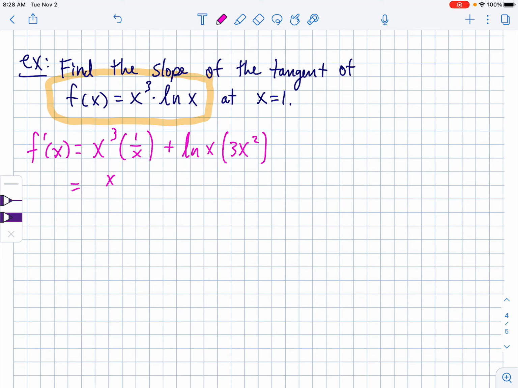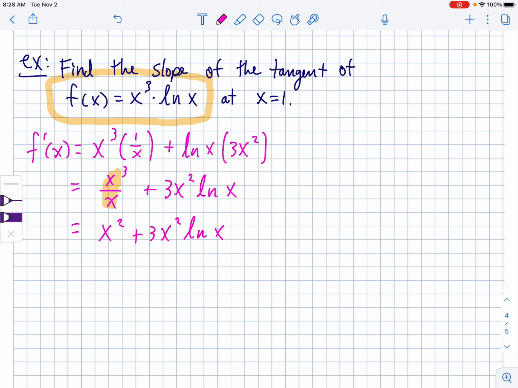All right, let's do a little cleanup. The second part, I just moved the 3x squared in front of it to be more like a coefficient. You can cancel out an x right here, so this becomes x squared plus 3x squared ln x.